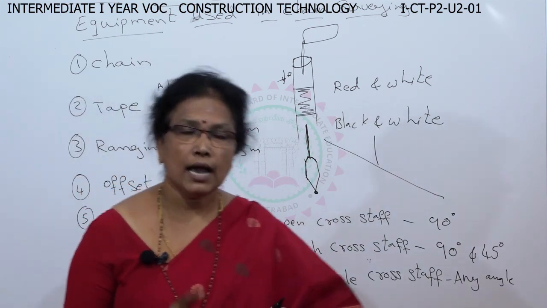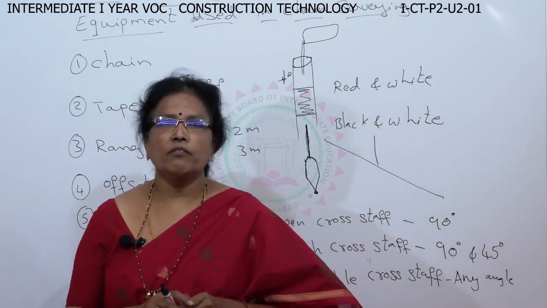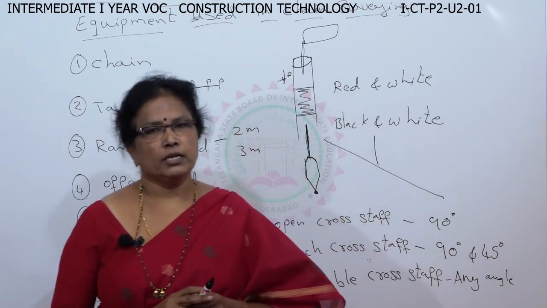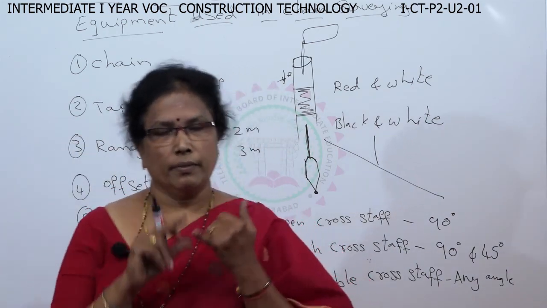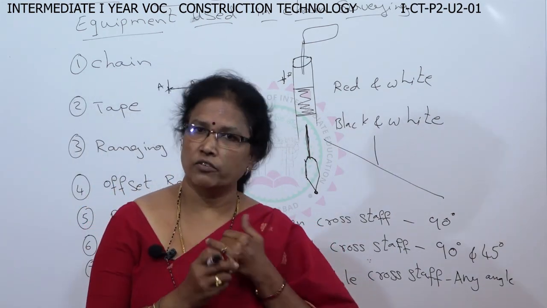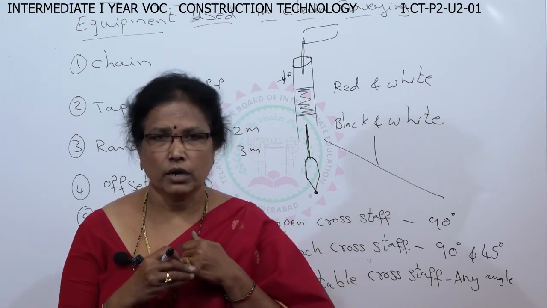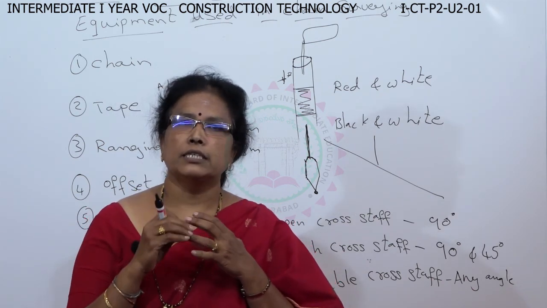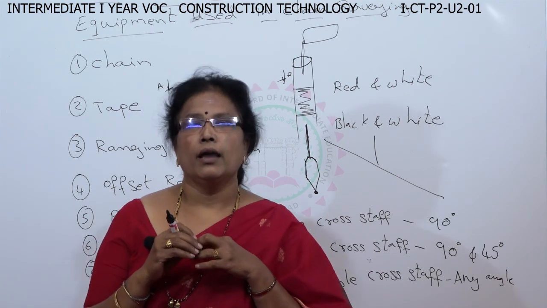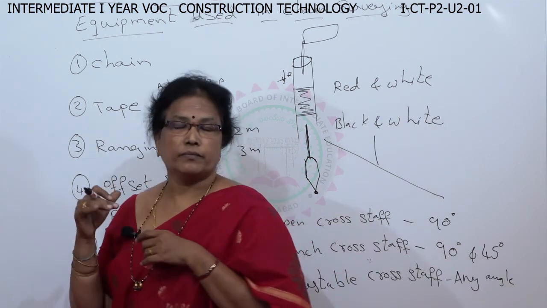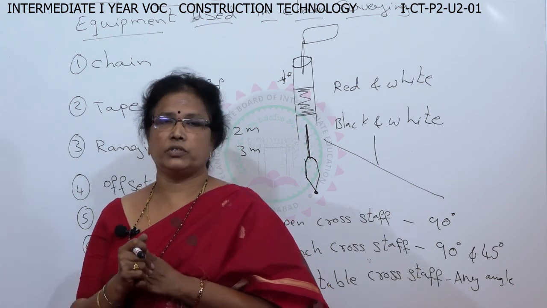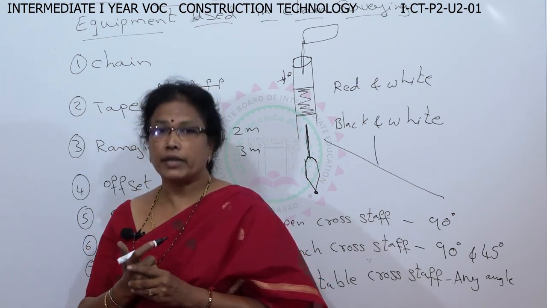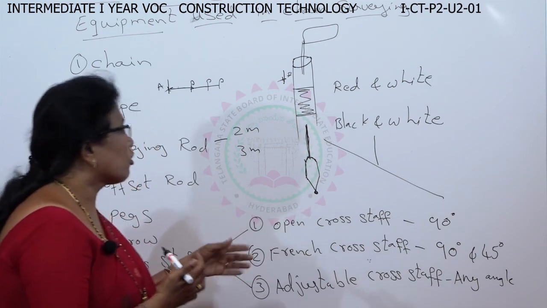Now we will see the assignment questions. So what have we learned today? We have learned a few short questions and one long question. Short questions: the most important principles of surveying, which you may get for your exam; the purpose of chain surveying; where we are going to use chain surveying; different types of chains, different types of tapes, different types of cross staffs.